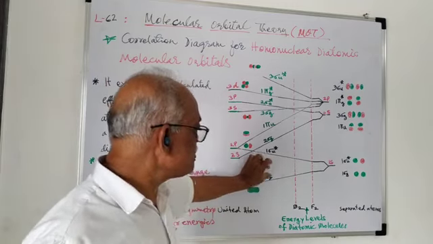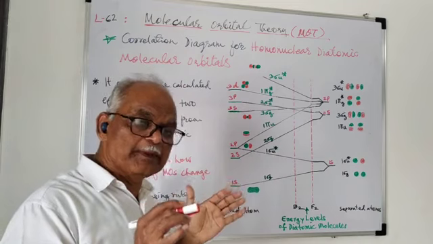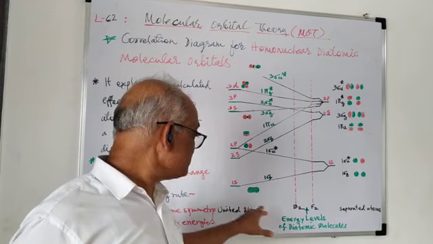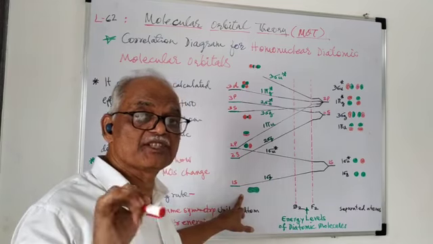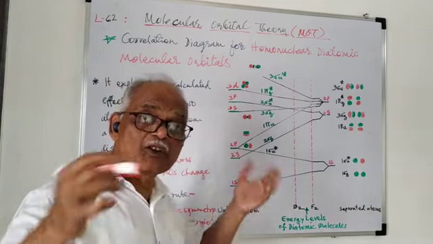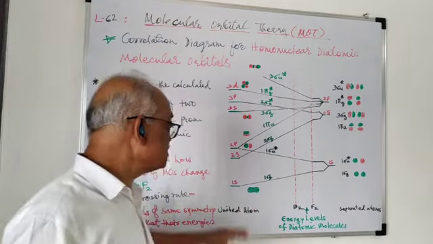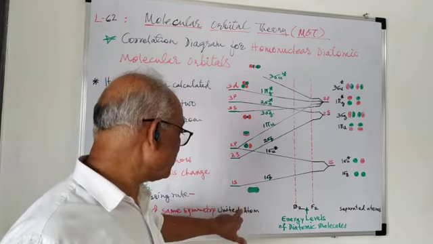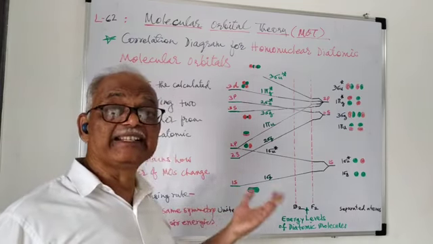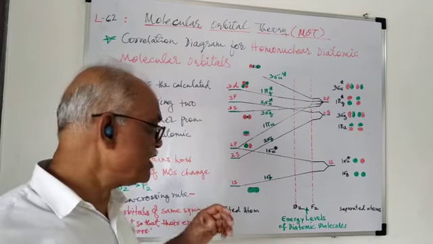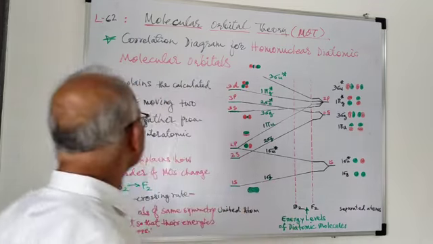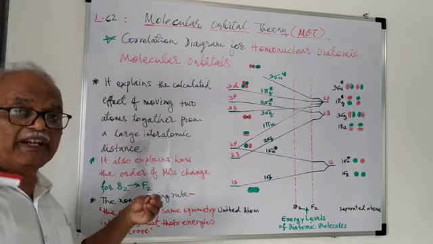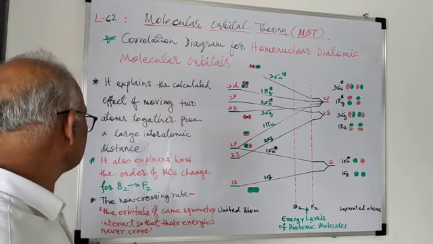But if you bring the two atoms closer and closer, finally when the interatomic distance reaches 0, the molecular orbitals are again converted into atomic orbitals, called atomic orbitals of that united atom. So this shows the progressive, calculated effect when we bring the two atoms closer and closer.